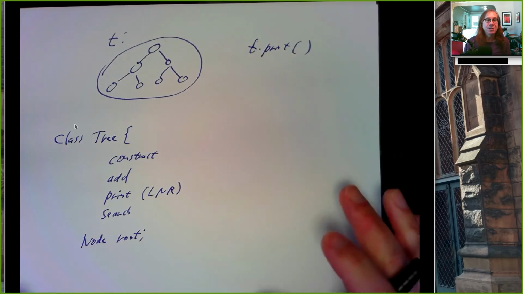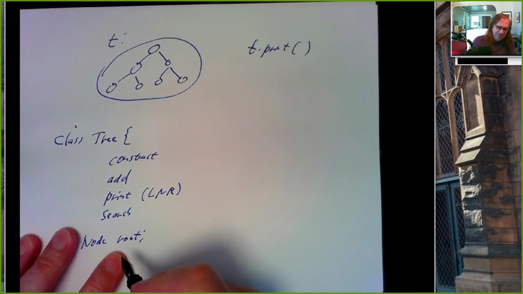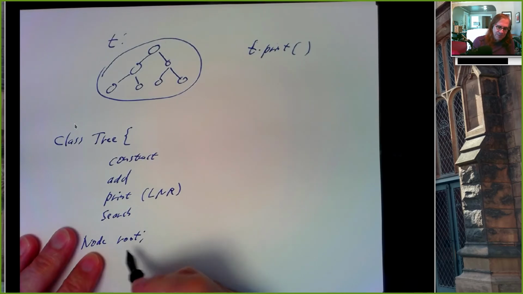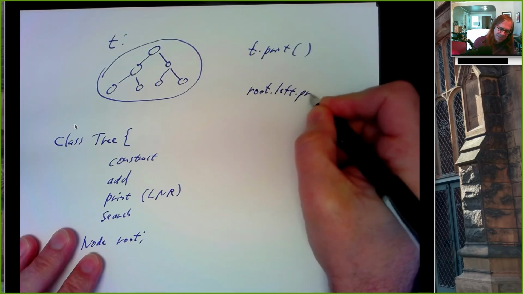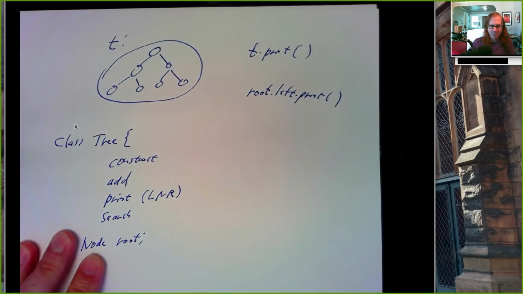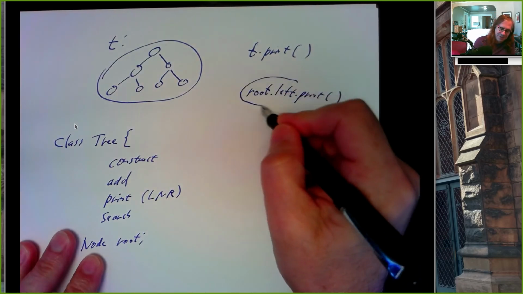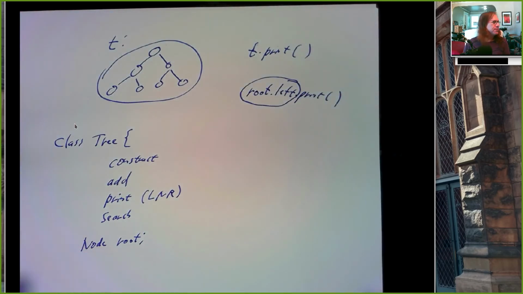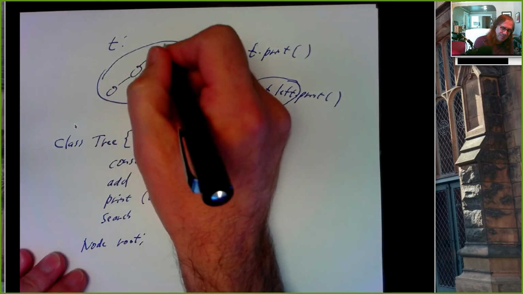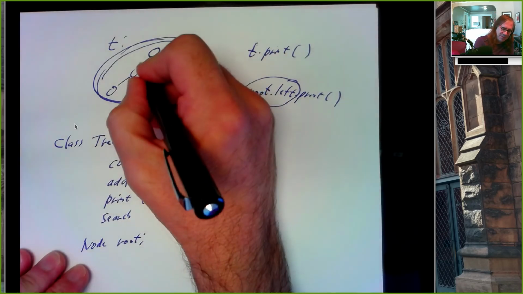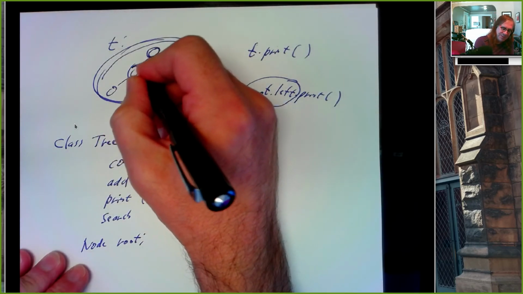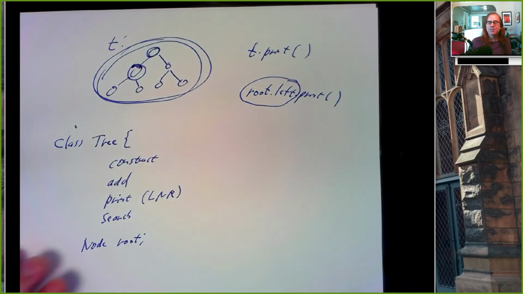So we do the usual recursion thing. The difference is that root is a node. And so if we say root.left.print, this thing right here is not a tree. It's a node. Well, nodes and trees are the same thing on paper, but in implementing this in Java, this is going to be a tree object, but when we go to the root of the tree and we look at the left child, that's going to be a node object.